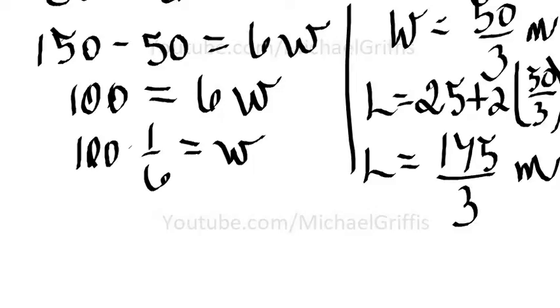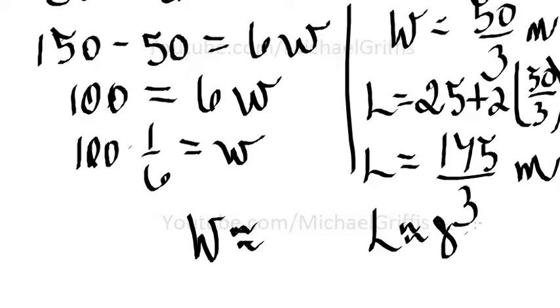Now what we could do is let's just come down here and approximate, and we'll use our little squigglies here to indicate approximation. So this becomes 83.